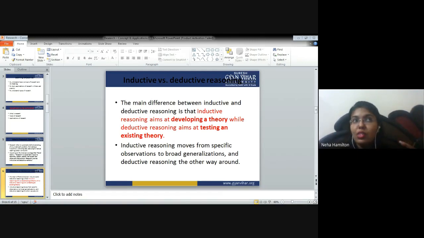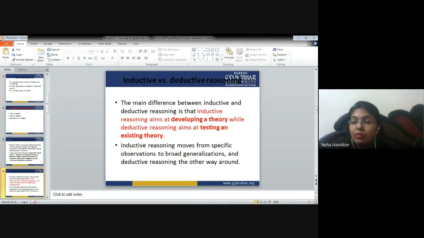If you are using the applications of that theory and testing that particular theory, for example, the law of demand is fixed, right? If you are testing that theory on demand, whether it is right or wrong, or exploring the applications of that particular theory, then that is called deductive reasoning.